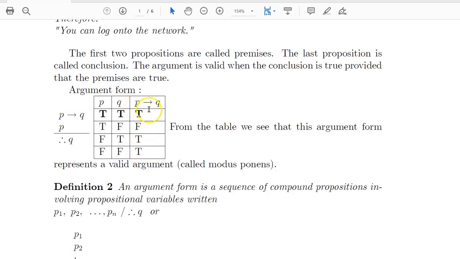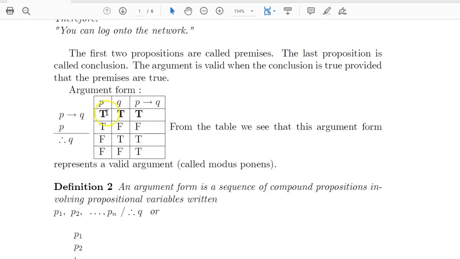Those truth values come from the definition of conditional proposition. We know that conditional proposition is true only when P is true and Q is false. It is false only in this case, when the first variable is true, the second variable is false.